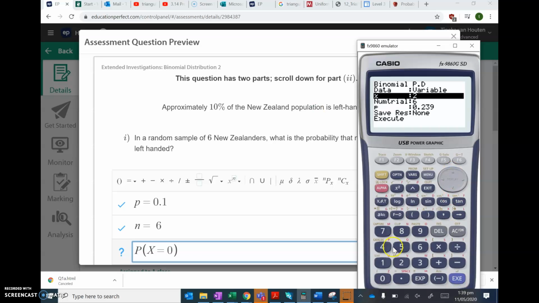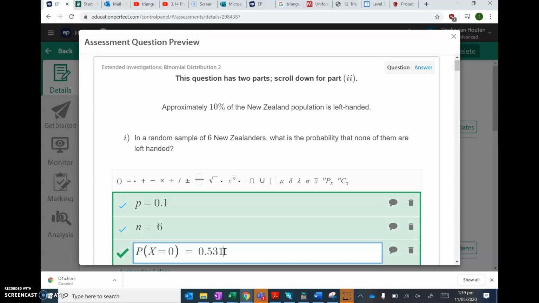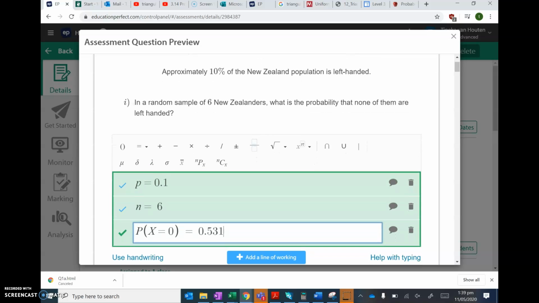I'm looking for the probability that x equals 0, and my probability is 0.1. Now your question might be different on your test because the numbers are randomly generated. And I get 0.531. Cool, and that's done.